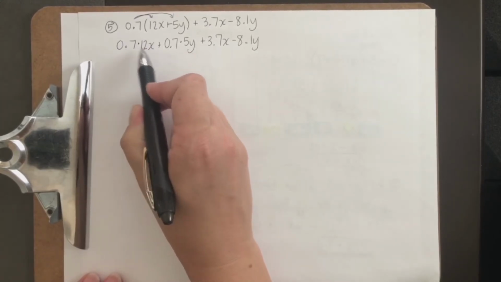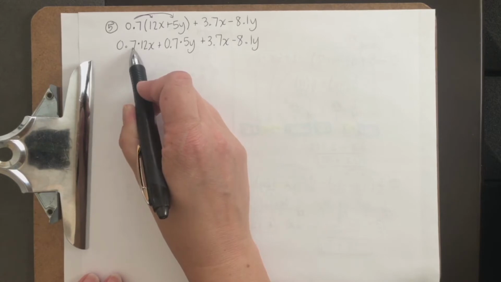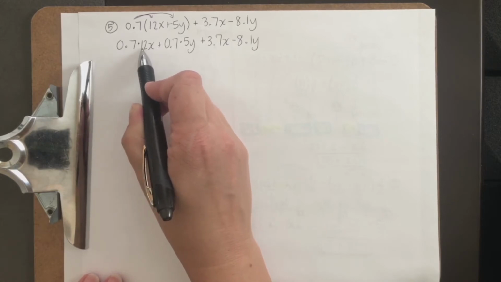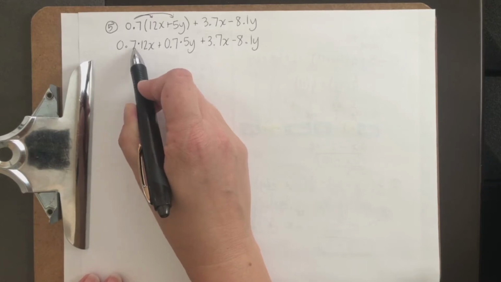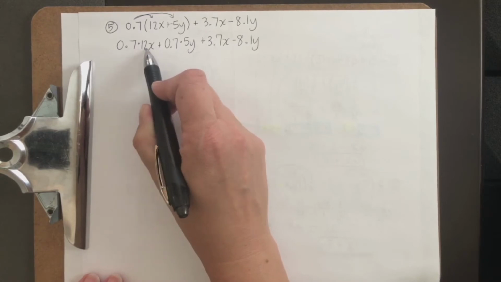0.7 times 12. So I can do a little bit of this in my head. And what I'm going to do in my head is take the 7 and multiply it by the tenths place. I'll get 70. Then I'm going to take 7 and multiply it by the ones place, which is 2. 7 times 2 is 14.